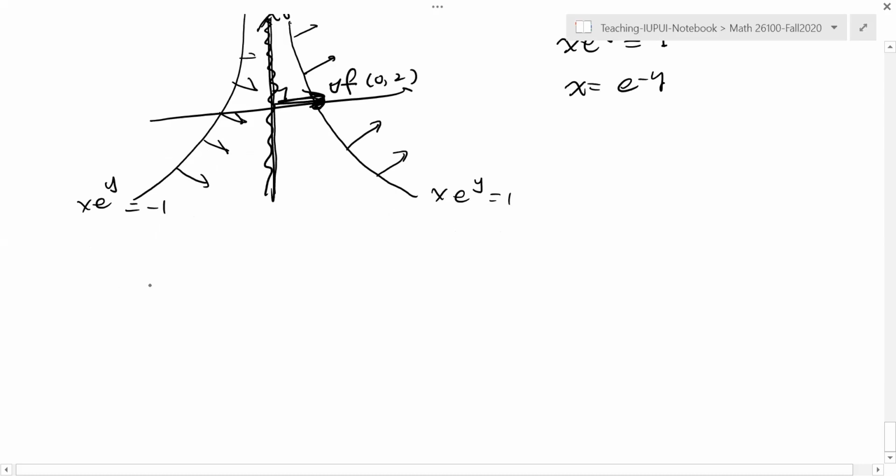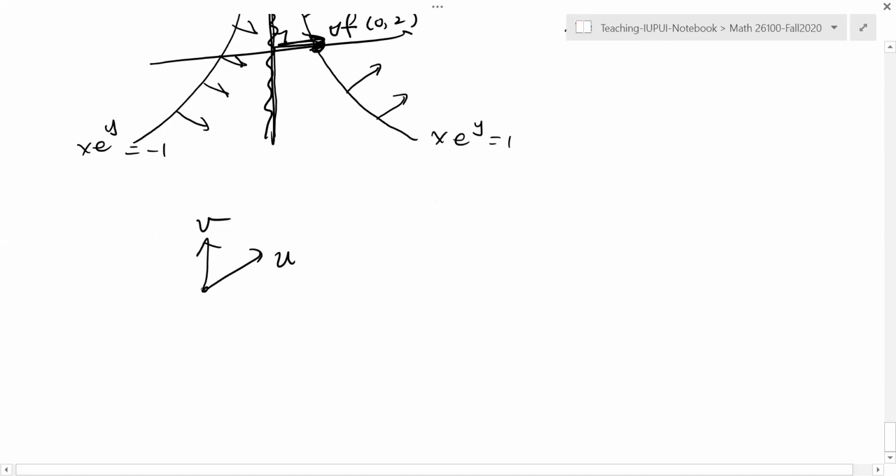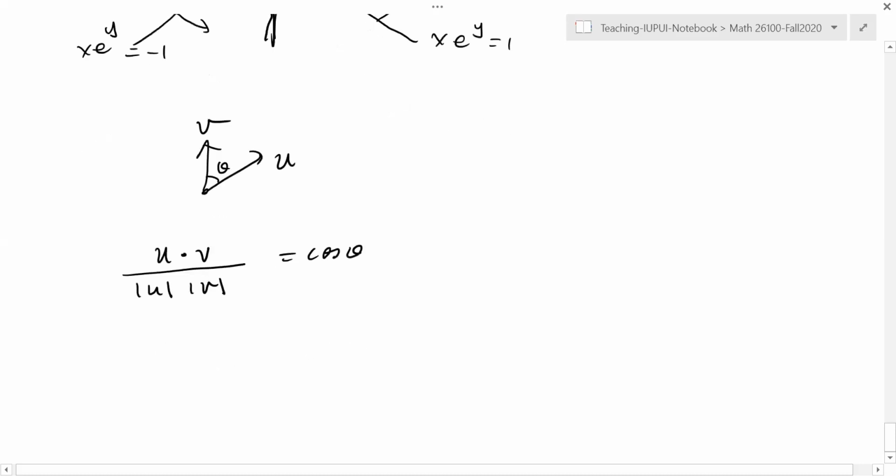Let's consider two vectors, u and v. The dot product divided by the length of u and the length of v gives you the value of cosine theta. I hope you remember this.